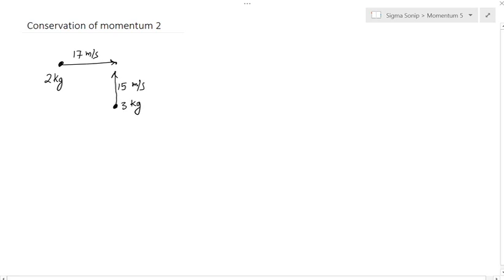Both of them collide, and after colliding they combine, they fuse together, and then as a combined mass they move. So this becomes a combined mass, and they go in this direction here. And we need to find the velocity of the combined mass.